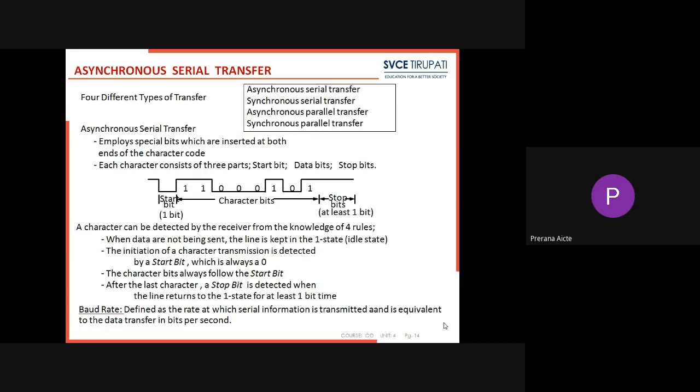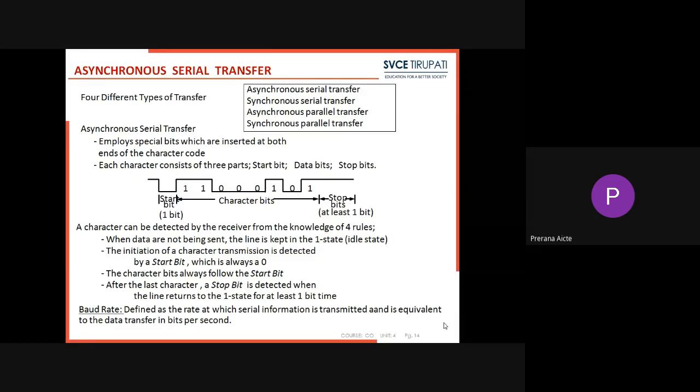In synchronous transmission, two units share a common clock frequency and bits are transmitted continuously at the rate dictated by the clock pulses. In asynchronous transmission, binary information is sent only when it is available, and the line remains idle when there is no information to be transmitted.